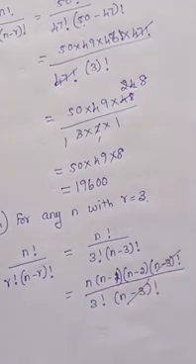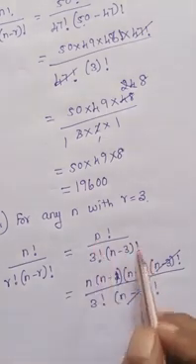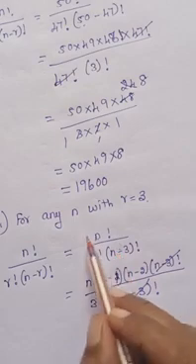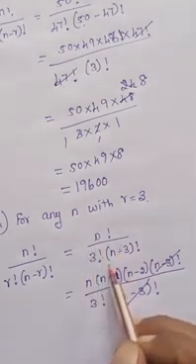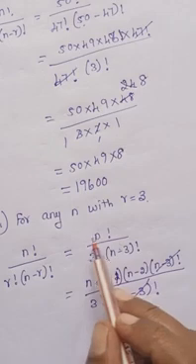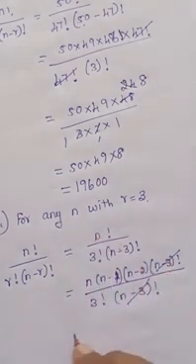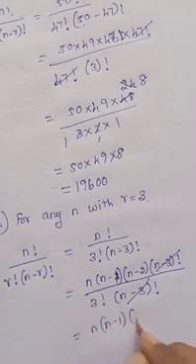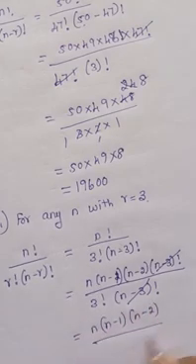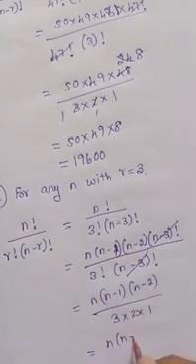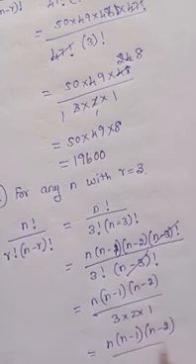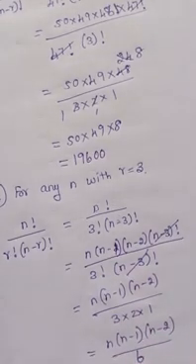See, both n minus 3 factorial will get cancelled. So only this n factorial we simplified, whichever is bigger. Either it may be in the numerator or in the denominator, the greatest factorial we have to bring to the smallest one. Now this is n into n minus 1 into n minus 2 by 3 factorial, which is 3 into 2 into 1, or n into n minus 1 into n minus 2 by 3 into 2, which is 6. Did you all understand this?